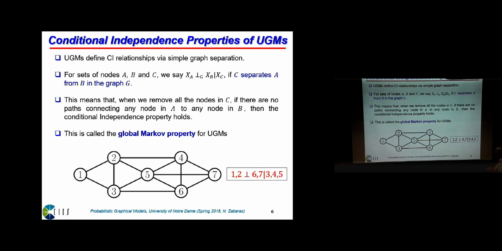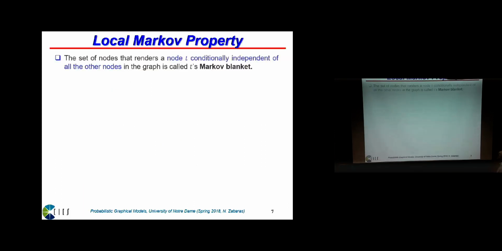For example, nodes 1 and 2 and 6 and 7 are conditionally independent given 3, 4, and 5, because to go from 1 or 2 to 6 or 7, every path has to go through 3, 4, and 5. That's the global Markov property.